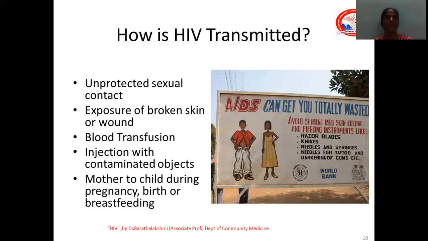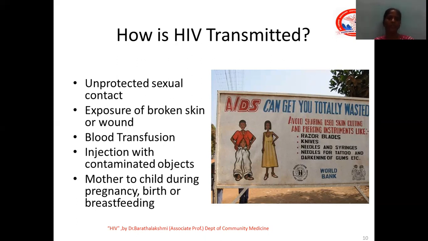So we were saying, unprotected sexual contact with a person who is affected with HIV infection, then exposure of broken skin or wound to infected material. It can be blood or body fluids. Blood transfusion, mainly during the window period, if the test doesn't show positivity, the person can actively get the infection.